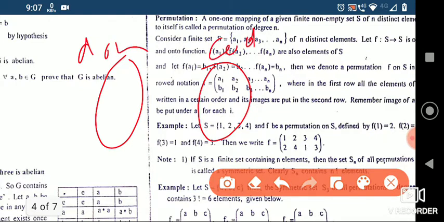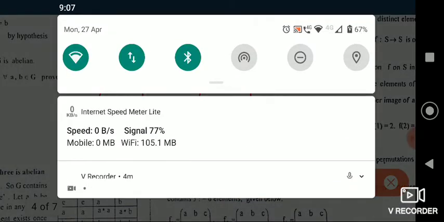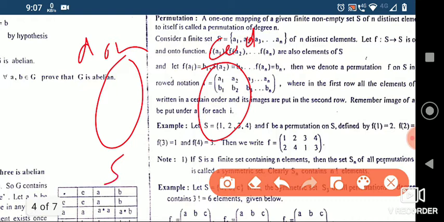But what is the codomain set? The same thing. This domain set is S and codomain set is also S.